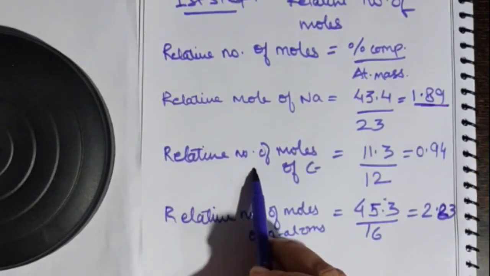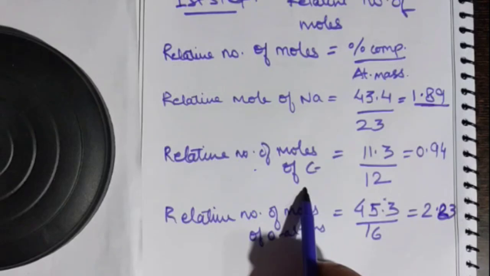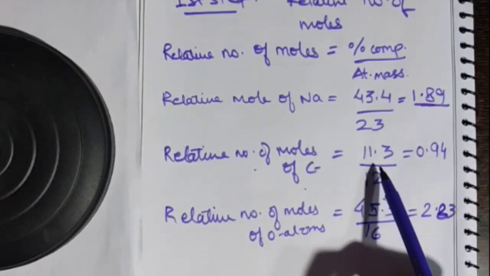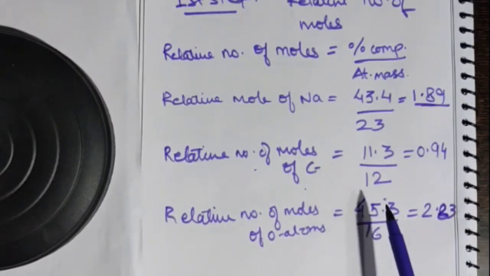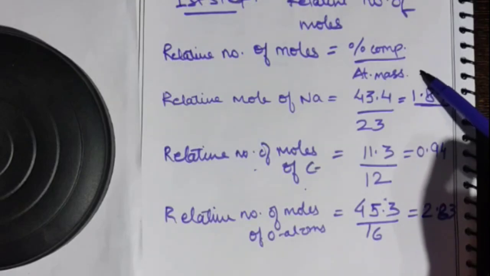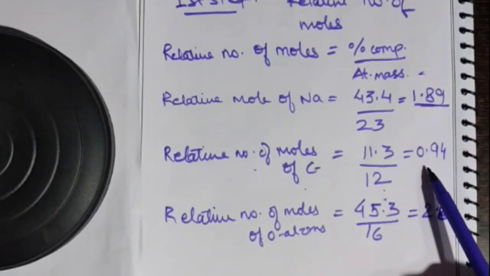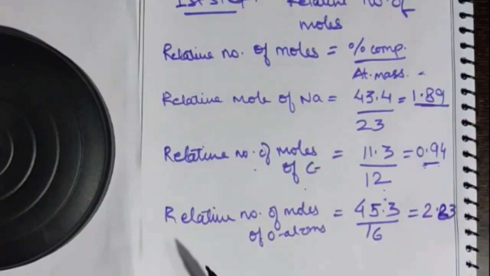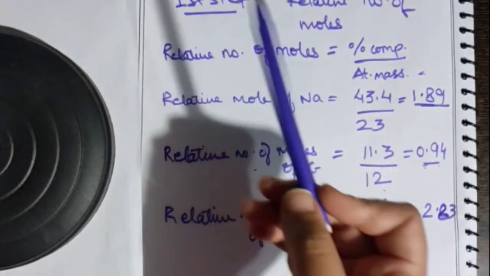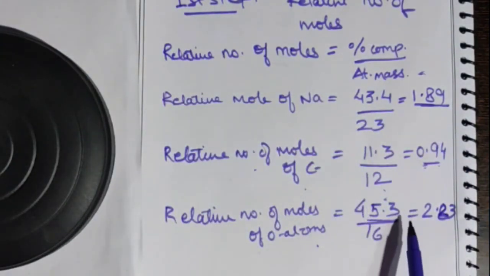Now let's find out the relative number of moles of carbon atom. The percentage composition of carbon atom in the question is 11.3, and we are dividing it by the atomic mass of carbon, which is 12, giving 0.94. Now the relative number of moles of oxygen atom is the percentage composition of oxygen, which is 45.3, divided by its atomic mass, which is 16, which is equal to 2.83.